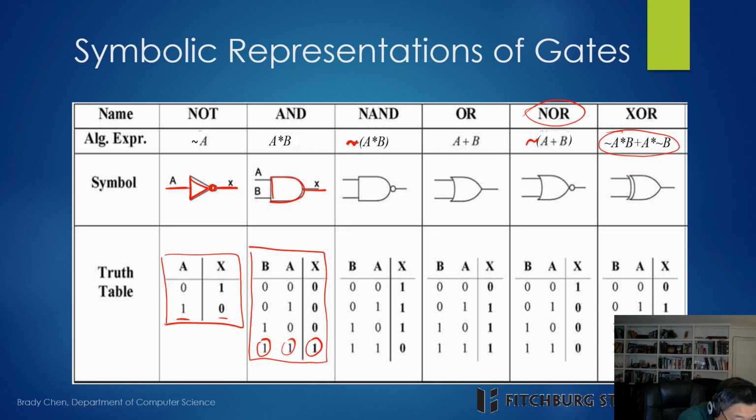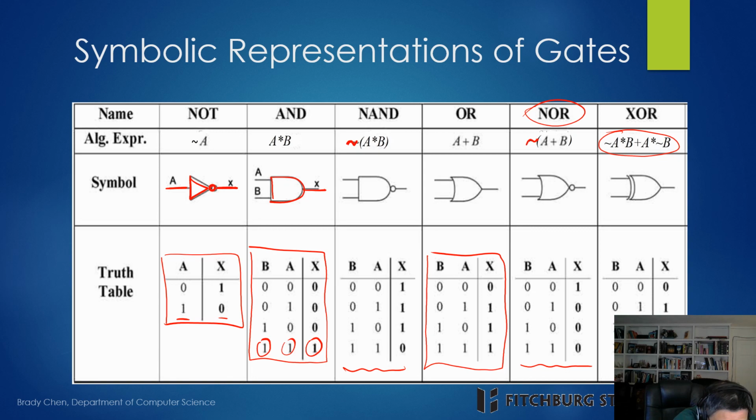Now the truth table for the OR gate, the truth table for the AND gate and the NOT gate are exactly the same as the truth tables we just talked about before. Now the NAND gate is the opposite of the AND gate. The NOR gate is the opposite of the OR gate. So it's also easy to understand.